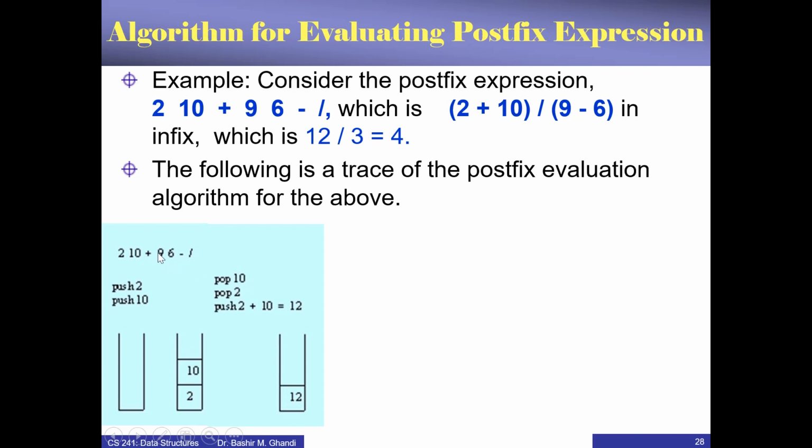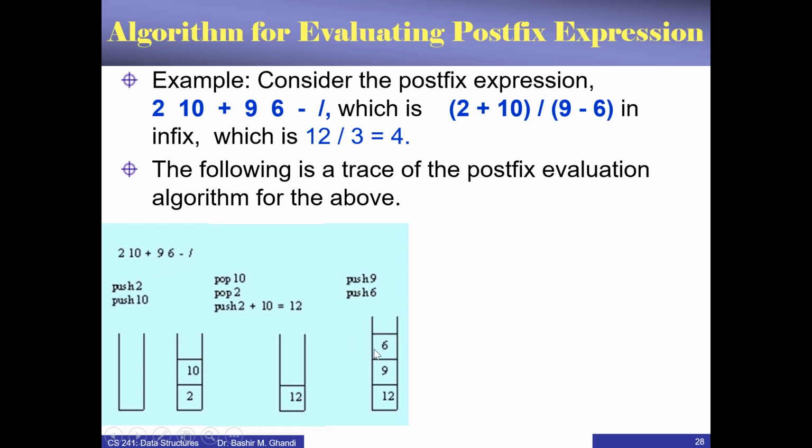Next number is 9. 9 is a number, so just push it in the stack. 6 is also a number, just push it in the stack. But when you meet minus, you have to pop the 6 and the 9 and do the minus. Now here you have to be very careful, because obviously 9 minus 6 is different from 6 minus 9.